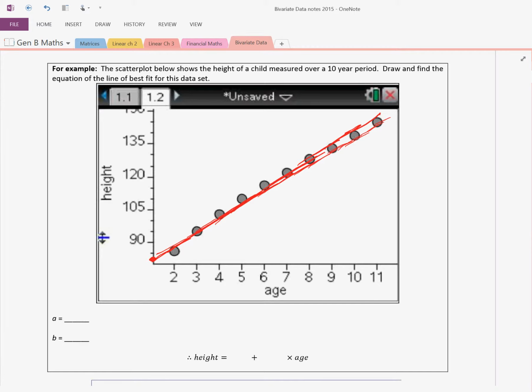Now, let's just say that we're starting off at, well, this is 90, so this is going up in fives. Let's just say that that's about 85 centimetres. Let's just say that that's going to be 80 centimetres for the time being. So let's just say that that's, I don't know, 82, yeah?